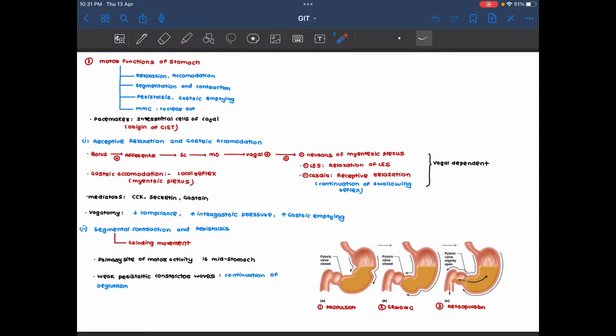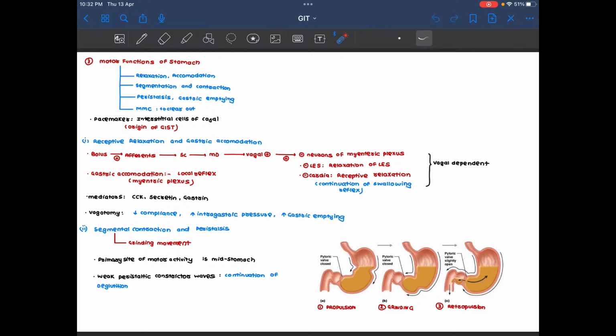What is this? We just studied that whenever the bolus enters into the lower end of the esophagus, what's going to happen? That's going to stimulate the afferents, going to stimulate the medulla oblongata, going to stimulate the vagus, and what is that going to do? One, it will relax the lower esophageal sphincter, and second, what did we study? We studied that the cardia is going to undergo relaxation, and what did we call it? We call it receptive relaxation. So what is this gastric accommodation then? Simple concept: receptive relaxation is mainly mediated by the CNS. We are talking about the medulla oblongata, the higher integrating center, whereas this gastric accommodation is mainly mediated by our myenteric plexus only.